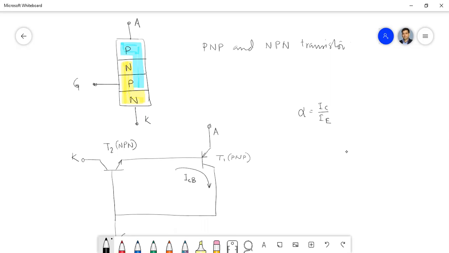This is the base and this is the collector. So ICB0 current will flow from base to the collector.